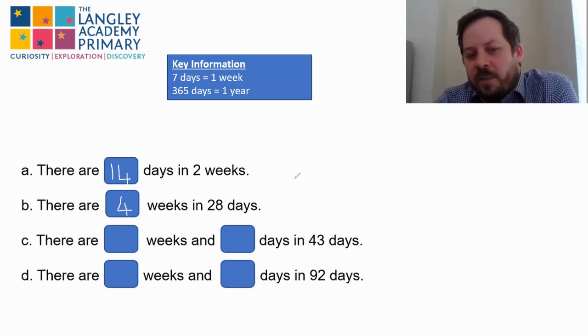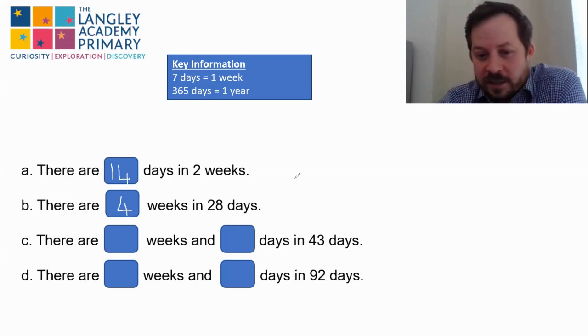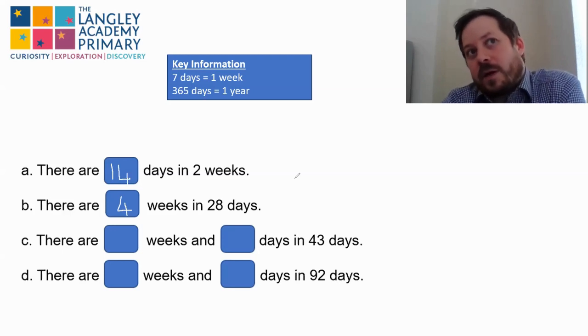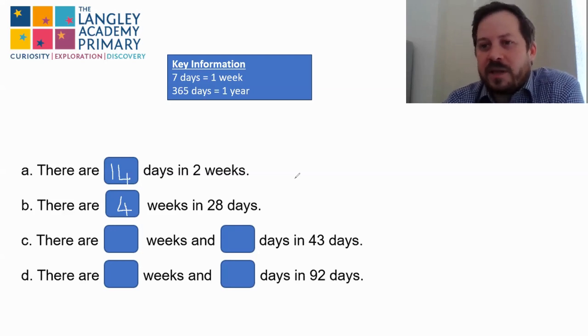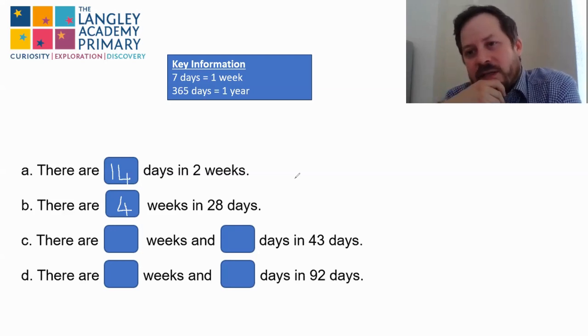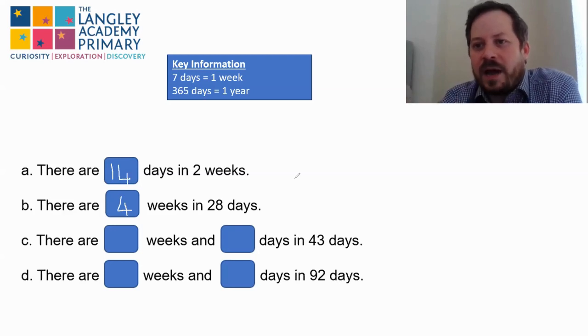Then it says there are how many weeks and how many days in 43 days. Now we have to think about this quite interestingly because it's not completely divisible by 7. So we have to think about the most we can fit in our 7 times table and then how many we have left over. So it's like our division that we've done before.